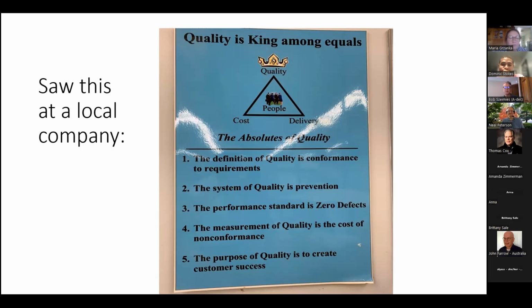The system of quality is prevention. I like the thought there. The performance standard is zero defects. The measurement is the cost of non-conformance, like out of spec, scrap, maybe field problems. And the purpose is to create customer success. So I think there's some good thoughts in there.